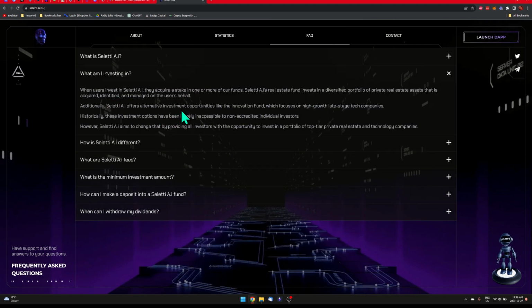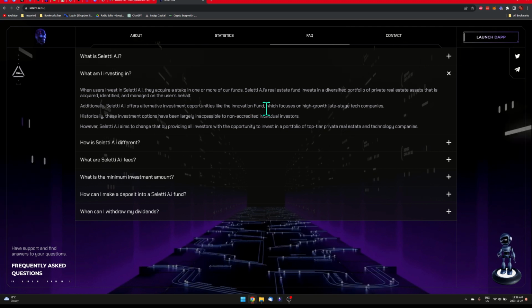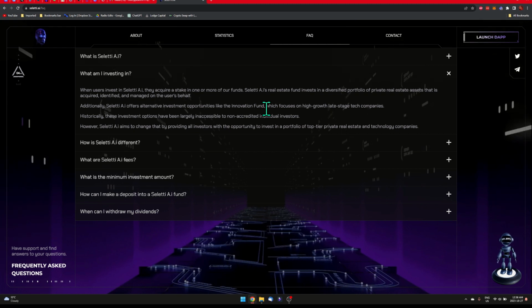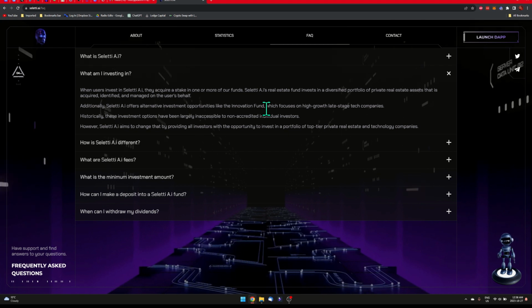When users invest in Seletti.AI, they acquire a stake in one or more of our funds. Seletti.AI's real estate fund invests in a diversified portfolio of private real estate assets that is acquired, identified, and managed on the user's behalf. So that's pretty cool, and you know, it's one of those things where you don't have to manage a property by yourself. They do that job for you as per what they claim.